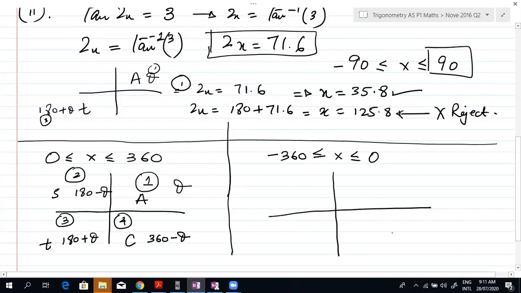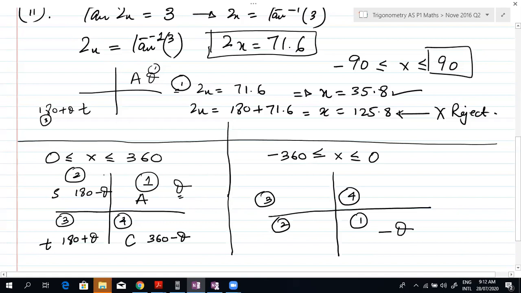So the fourth quadrant becomes the first quadrant. This becomes the second. This becomes the third. And this becomes the fourth. In the first quadrant, like I said, everything is reversed. So in the positive range it was theta, and for the negative one it's going to be negative theta.